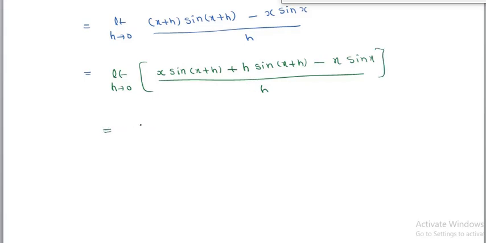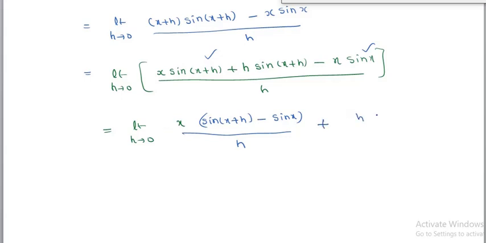I will take x common, only x is common: sin of x plus h minus sin x, by h. So the next term, plus h sin of x plus h by h, h cancels.